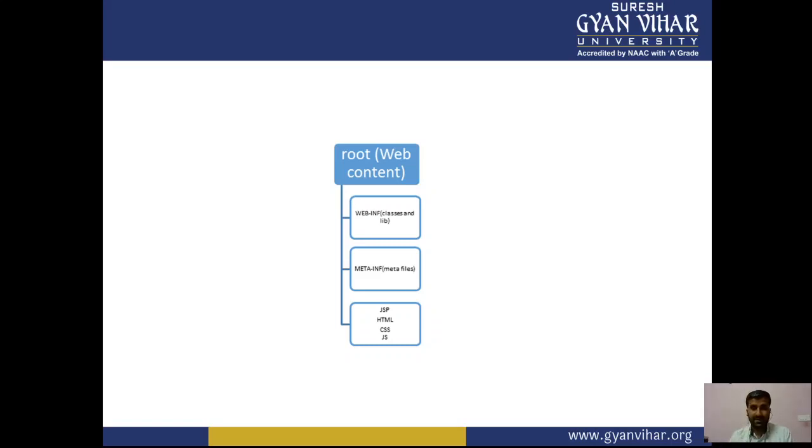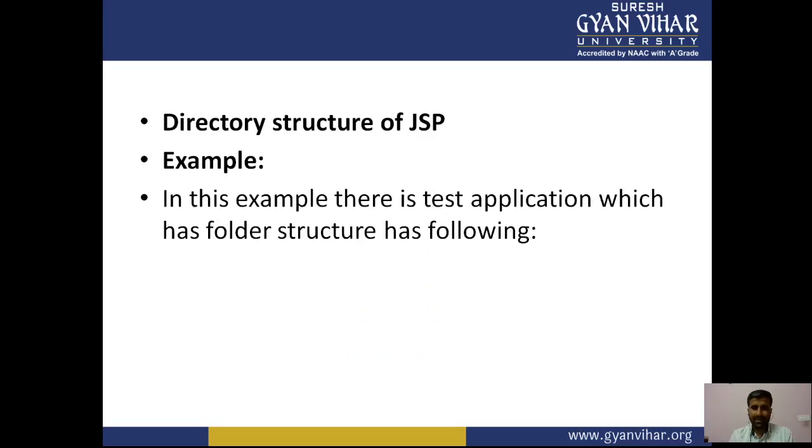Classes and libraries are available within WEB-INF, and meta files. If you are creating JSP, HTML, CSS, or JavaScript, then you can use web content. This is the best way to create any kind of JSP page, HTML, CSS as well.